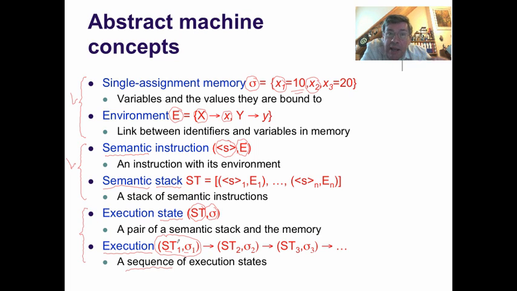Then we do one execution step, this arrow, and that gives us a next execution state, which is a stack and a memory, and so on. You have a sequence of execution states, which keeps going on until the stack is empty. So that's the third part of the abstract machine. These three parts together form the abstract machine.